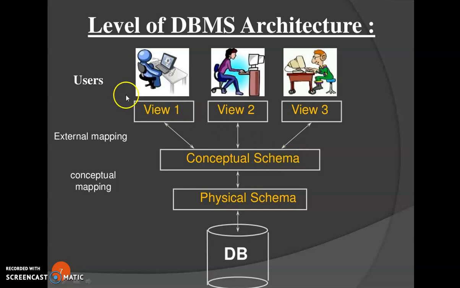And the third level is the external level, which is a view, on which the view schema or external schema acts. Okay, there are two kinds of mapping carried out. External mapping is carried out between the conceptual schema and the external schema, and conceptual mapping is carried out between the physical level and the conceptual level.